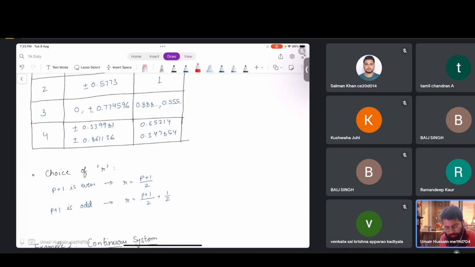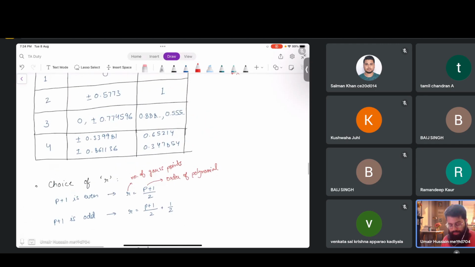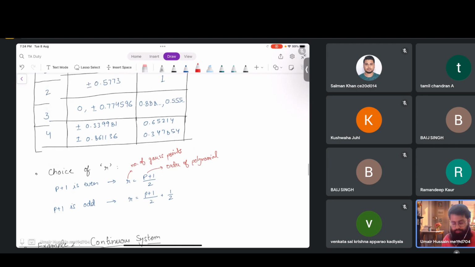R is the number of points, and P is the order of polynomial. If we are talking about polynomials, then we can get as exact a solution as possible. But if it's other than a polynomial, then there are bound to be some errors. So this is about the Gauss quadrature rule.